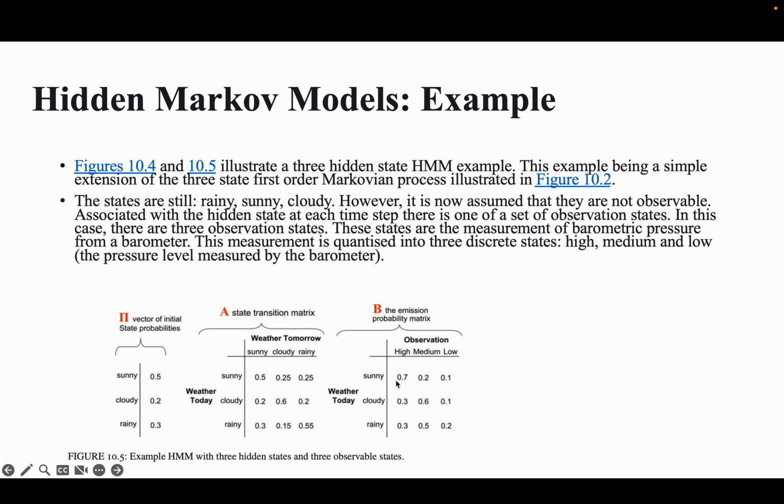What adds to 1 is the rows. The better way to say it is, on a sunny day, there's a 70% probability we'll read a high barometric pressure, a 20% probability it will be medium, and a 1% probability it will be low.